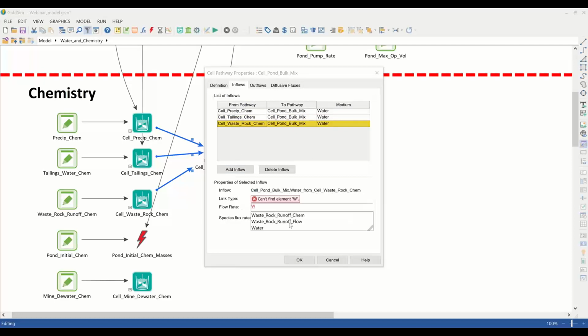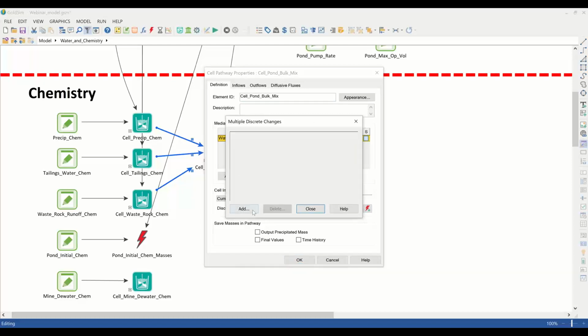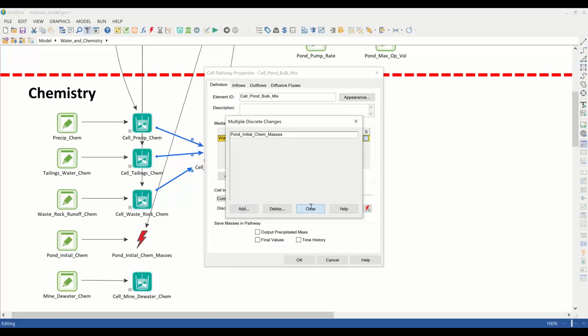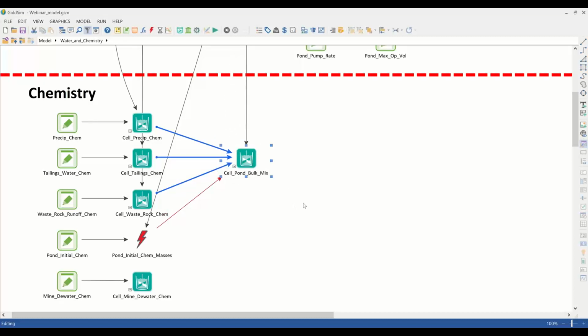And that flow is equal to the waste rock runoff flow. I'm going to go back to the definition, and then I'm going to also add the initial chemical mass, which you can add with the discrete changes. And there's only one in this model, so that's easy to find. So I'll close that out. And now we have defined the mixture of water which goes into our pond before I add some more elements here to equilibrate it.